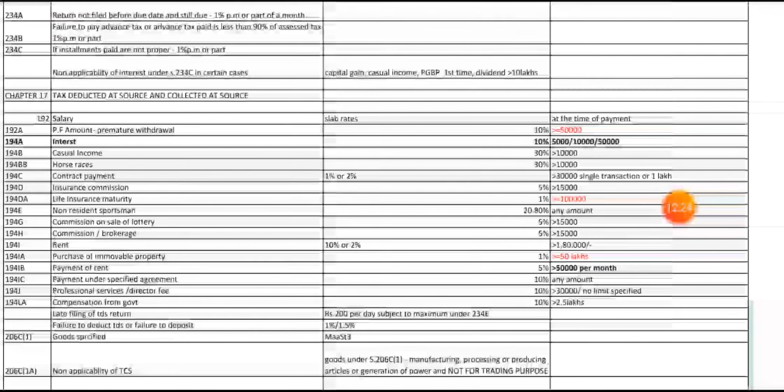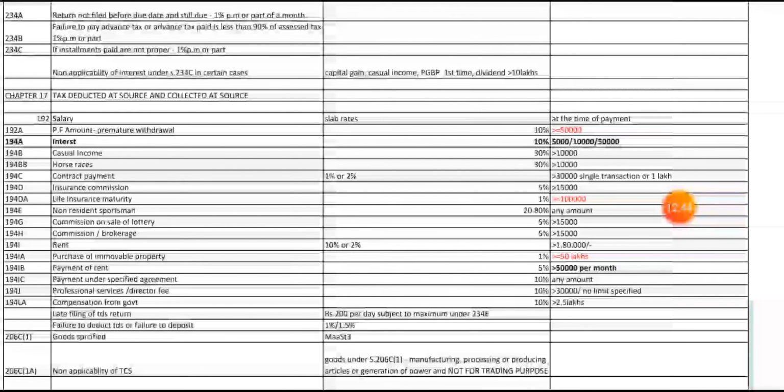So let's summarize it. 192 salary, 192A PF amount premature withdrawal, 194A interest, 194B casual income, 194BB horse race, 194C contract, 194D insurance commission. Okay, casual income, and then you are getting income from insurance.